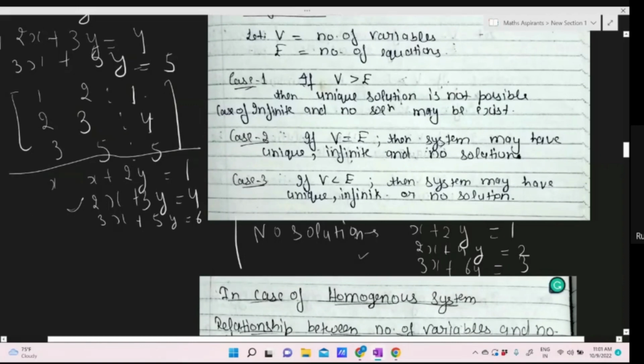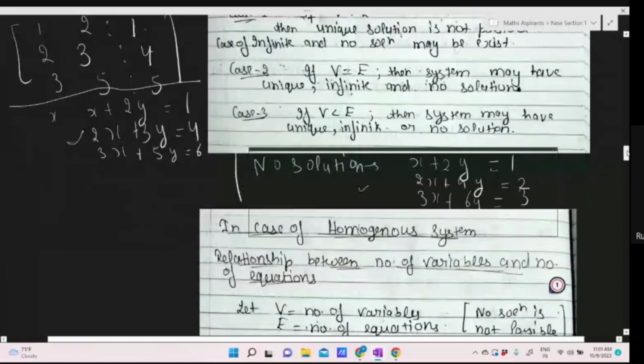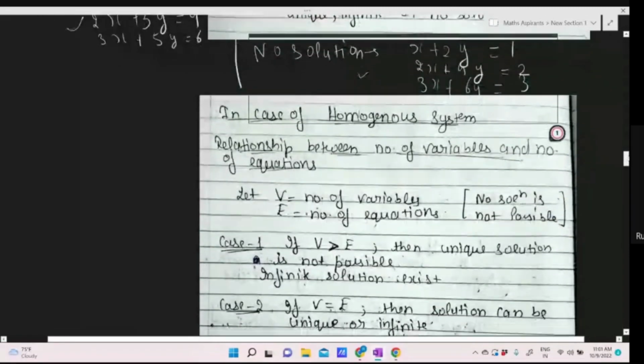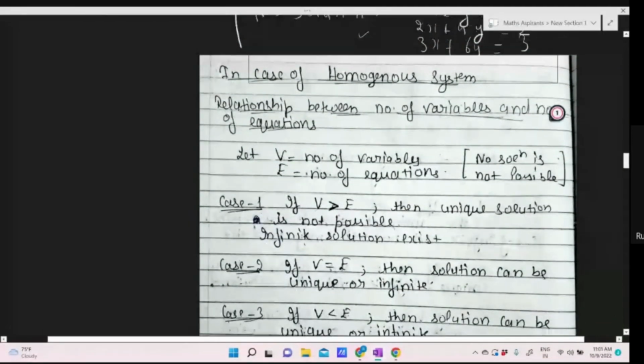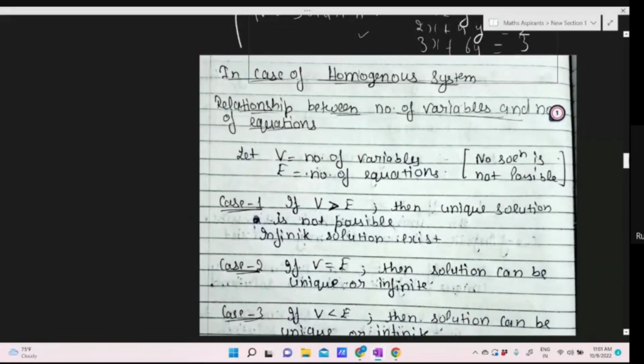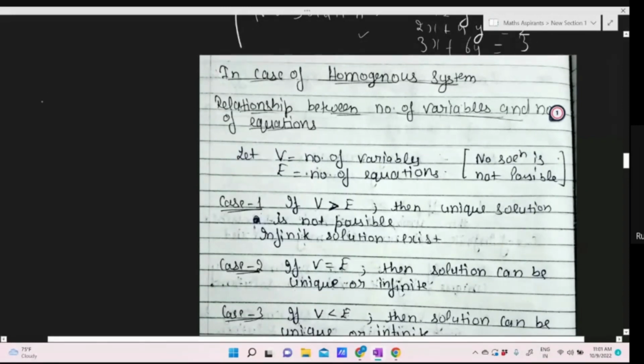Now we will move towards the homogeneous system. In the case of the homogeneous system, we will discuss the relationship between the number of variables and the number of equations. As you all know, if the system is homogeneous, then the no solution case is not possible. Therefore, the solution is either unique or infinite. Firstly, take A as a matrix of size m cross n.